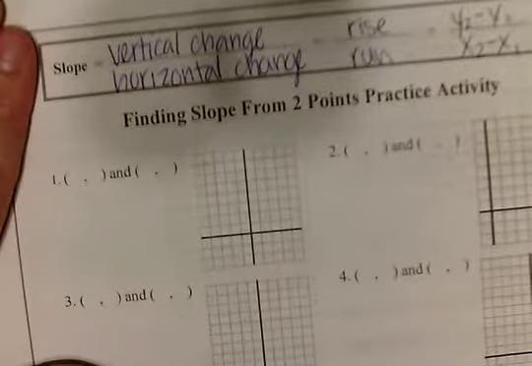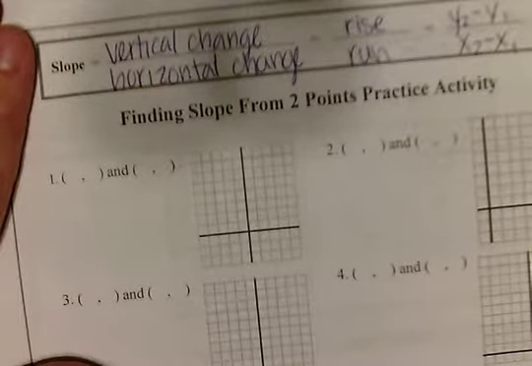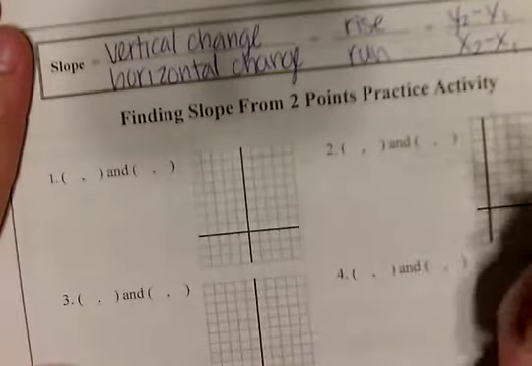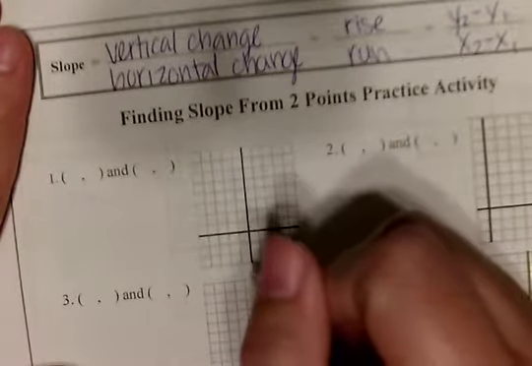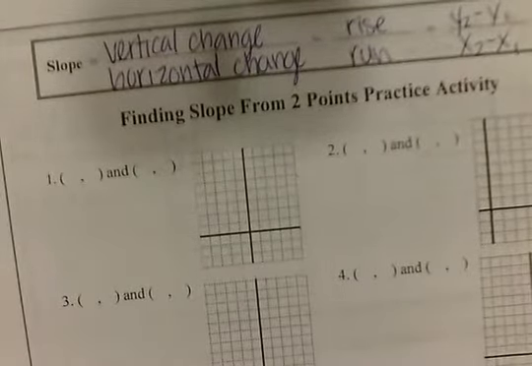There are many ways to write this. So for all of these on 1 through 10, you are literally choosing any 2 points on the graph, write down what 2 points you chose, and find the slope between those 2 points. So this one is completely up to you to fill in and figure out.